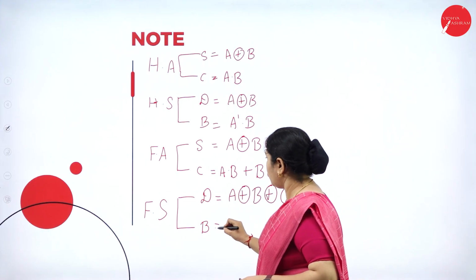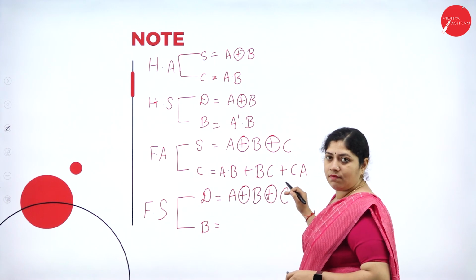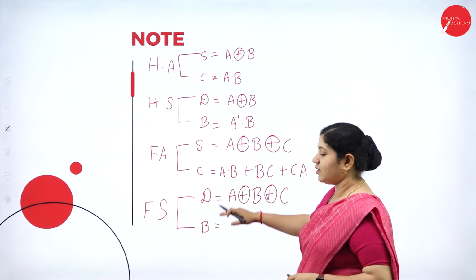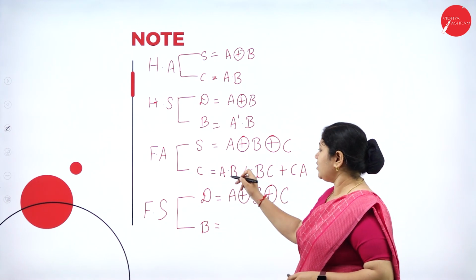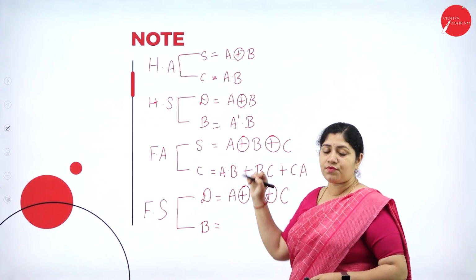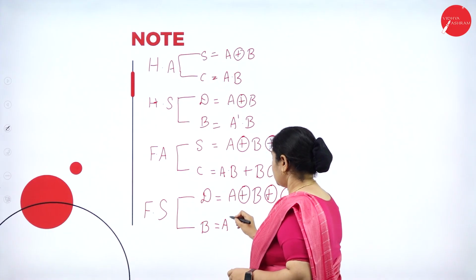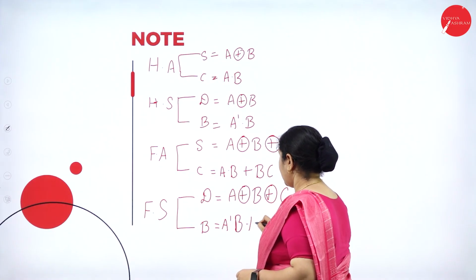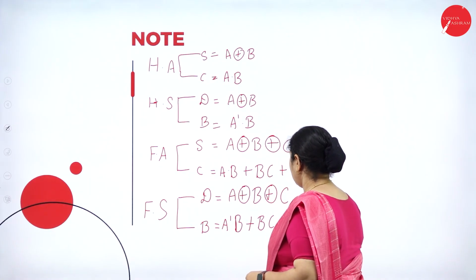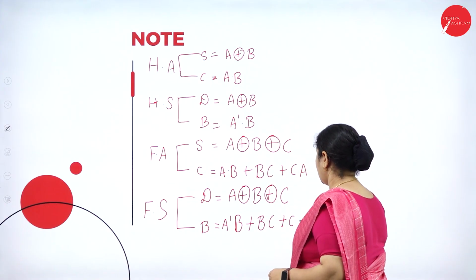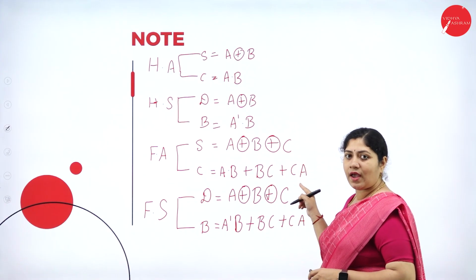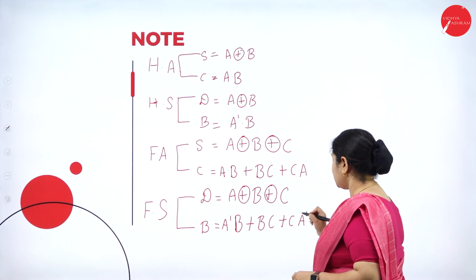Followed by the borrow. So you can just correlate this borrow with a carry. Wherever you have A, you have to rewrite it with A dash. Clear? So let's start doing that. A dash B plus BC plus CA, but wherever we have A, we will be writing it as A dash.